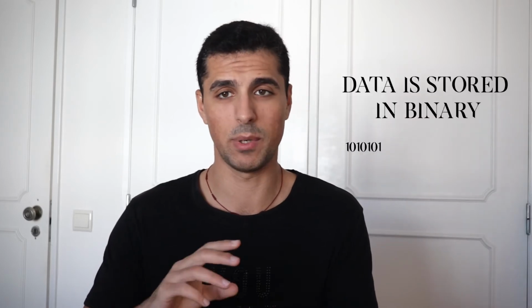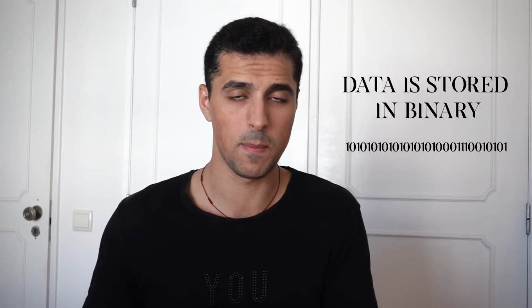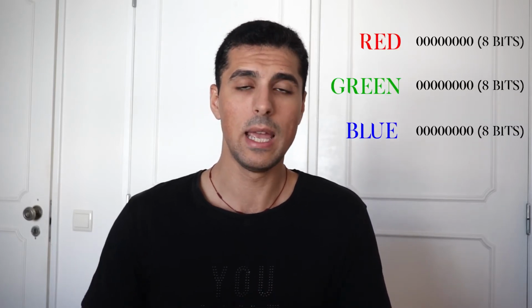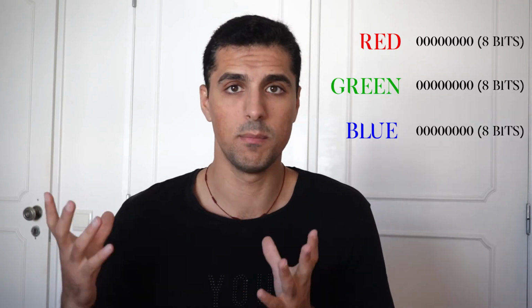In computers, data is stored using a system called binary. This binary looks like a bunch of zeros and ones. Basically, every single digit, known as a binary digit or a bit, can be either on or off, or plus or minus, or 0 and 1. So it turns out that every color channel, red, green and blue, has 8 digits or 8 bits.